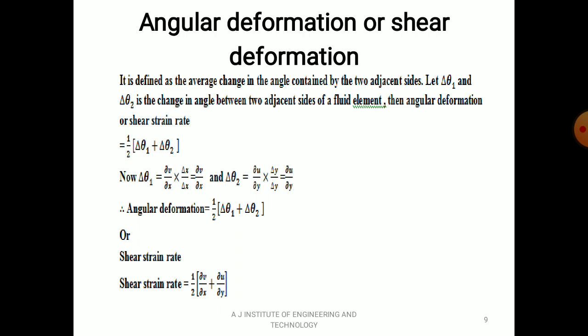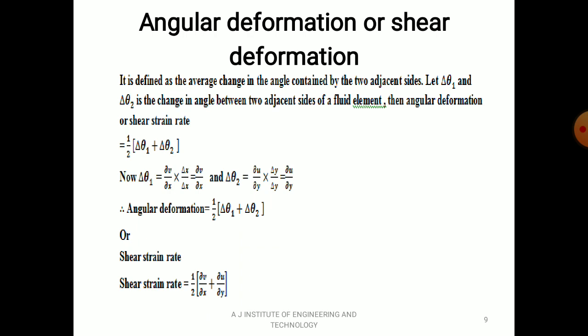Now let us go for angular deformation or shear deformation. There is a third type of motion. It is defined as the change in the angle contained by two adjacent sides. Let δθ1 and δθ2 be the change in angle between two sides of a fluid element. Then the angular deformation or shear strain rate is given by 1/2 into (δθ1 + δθ2).